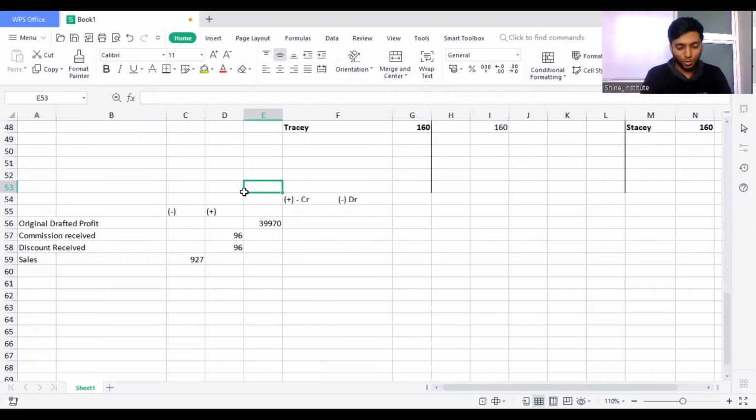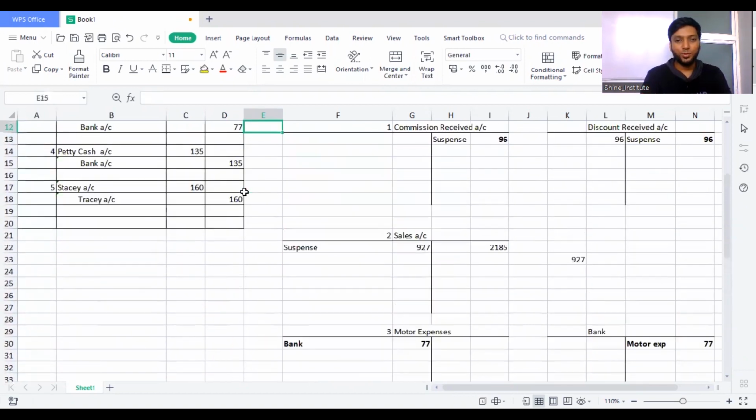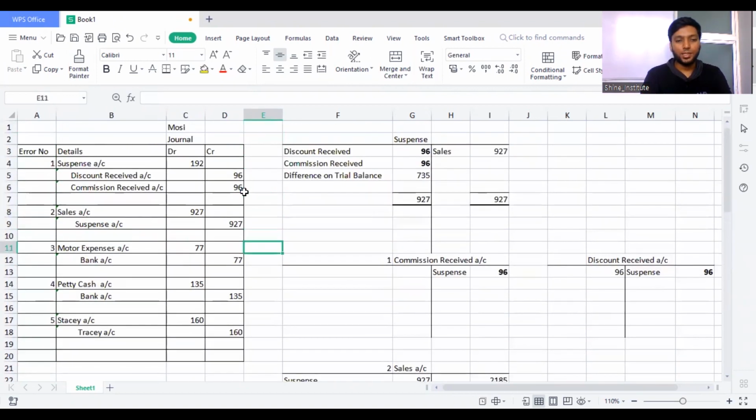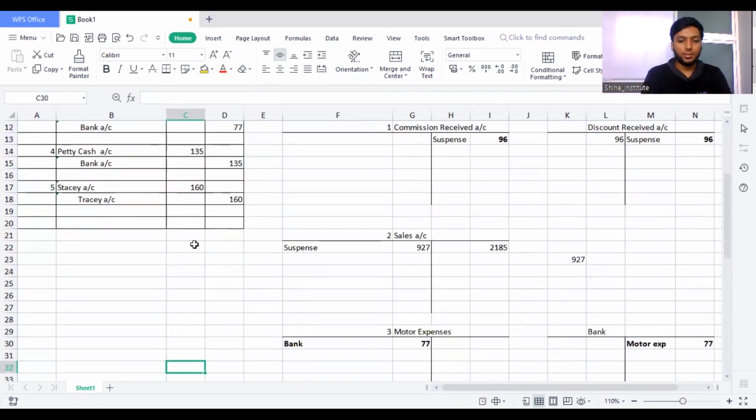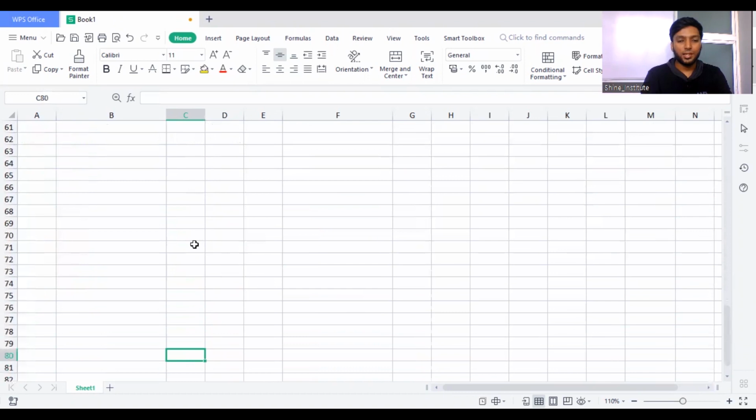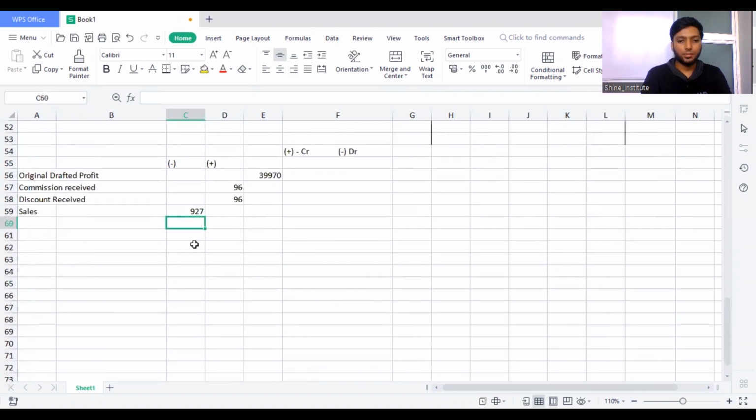When you all are doing sums with me, of course it's easy. Anyway, moving on to the next part. Motor expenses and bank account. Bank account is not related, so I'm not going to take it because it's balance sheet. And income statement related is motor expenses 77. I will deduct it under the debit side, 77, saying motor expenses.